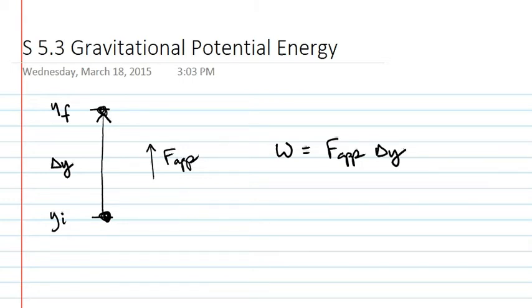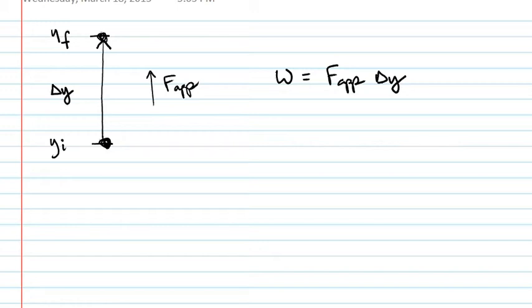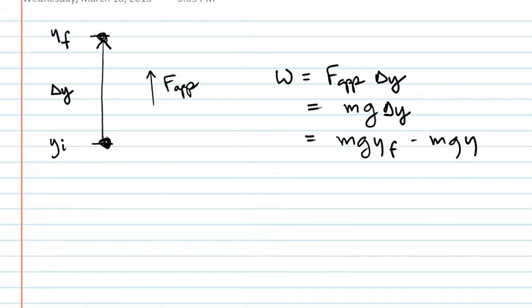However, and this cheats just a little bit, in essence, the minimal applied force that we need to lift the object through that distance just has to be sufficient to overcome the weight of the object. So the work that's done is that force, the weight, or mg, times delta y. Or this is going to be mg y final minus mg y initial.